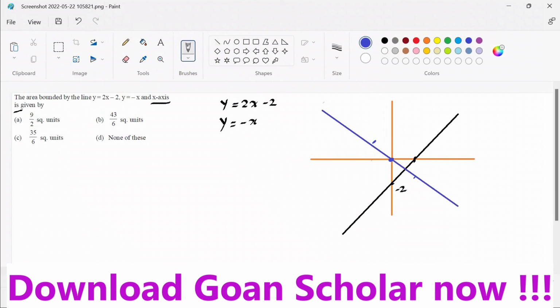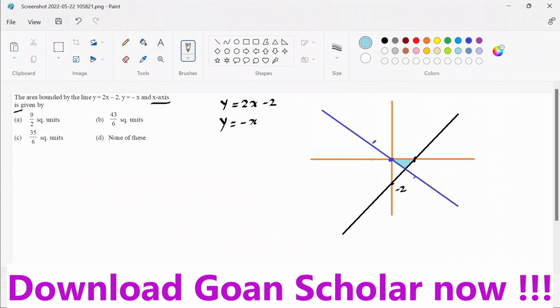Now the question says, find the area bounded by this line and the x-axis. Which means they are talking about which area? They are talking about this region.